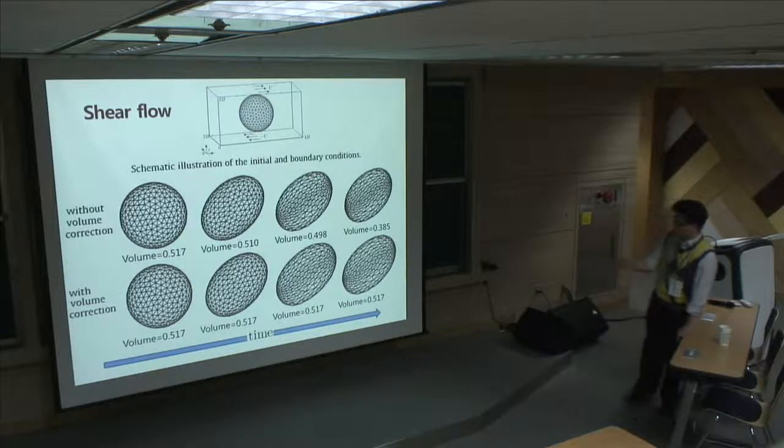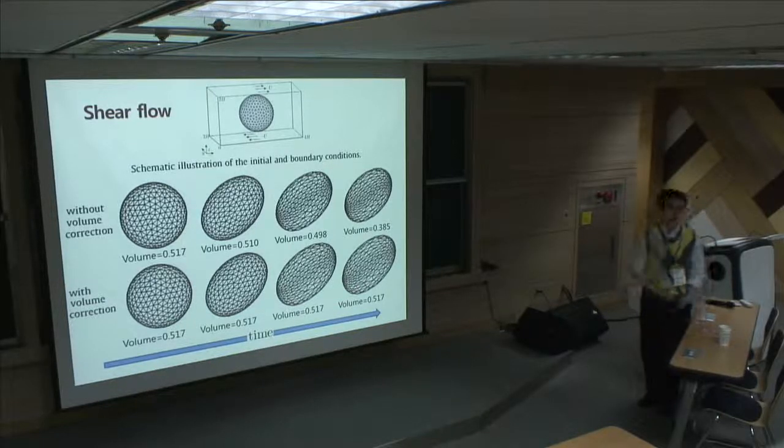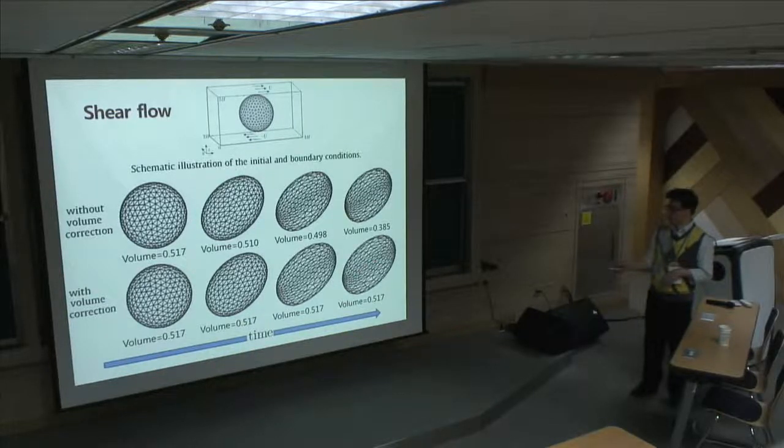But here is one problem again. We correct the mass. However, the mesh quality is not good. Some elements are distorted a lot. That will spoil the long-time computation, so we have to solve that too.